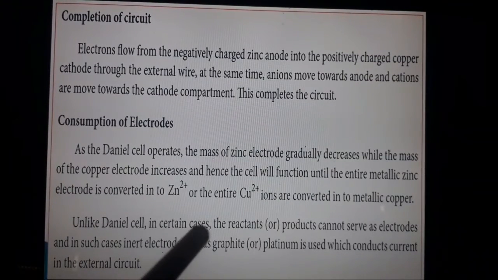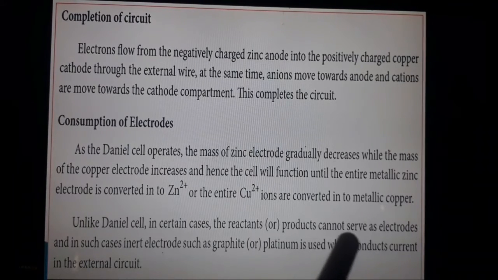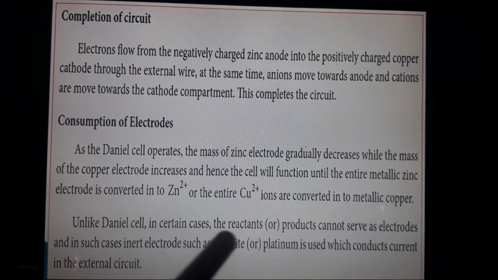In certain cases the reactants or products cannot serve as electrodes, and in such cases inert electrodes such as graphite or platinum are used to conduct current in the external circuit.